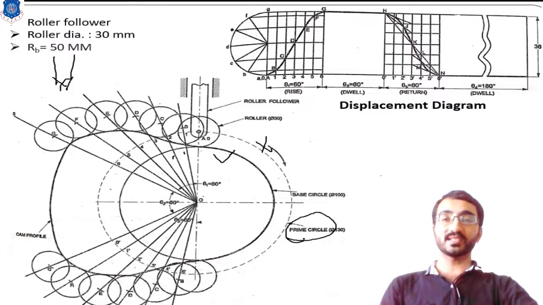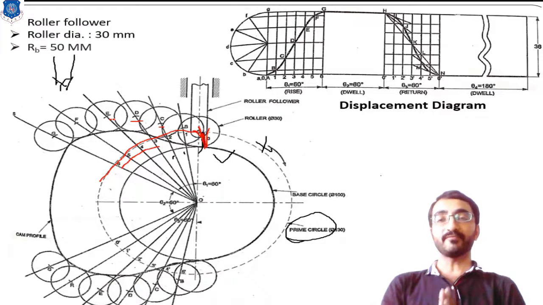And how can we sketch this prime circle? To sketch this prime circle, we take the radius of your roller follower as the reference, and by taking this radius of your roller as the reference, you can sketch this prime circle. Now for each and every point you have to take a reference from this prime circle, and these points on this radial line are representing the center of your circle.